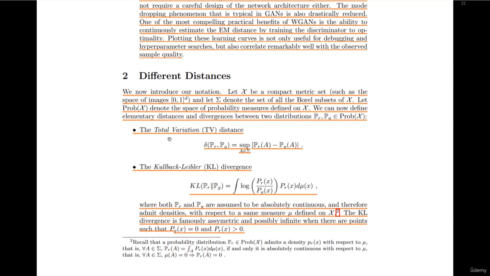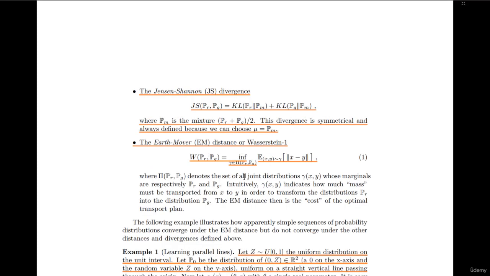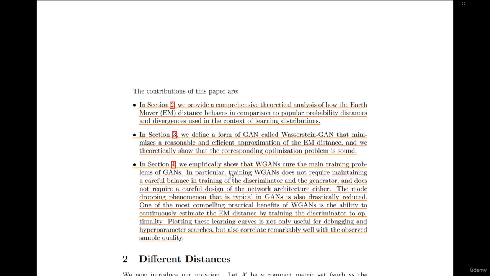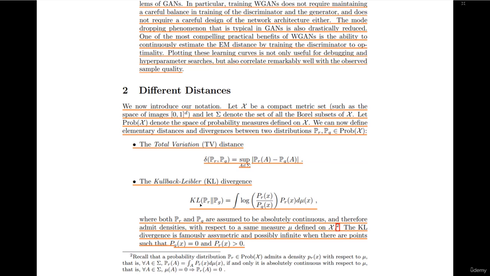We have the total variation distance, the Kullback-Leibler divergence, the Jensen-Shannon divergence, and the earth mover distance. Now, we have actually seen this KL divergence previously, and looking at this formula, you recall what we saw under the GANs.